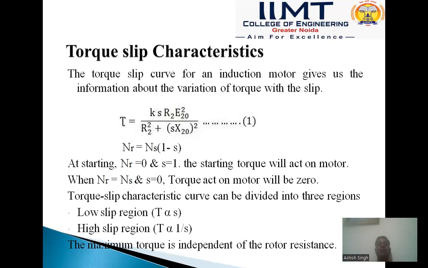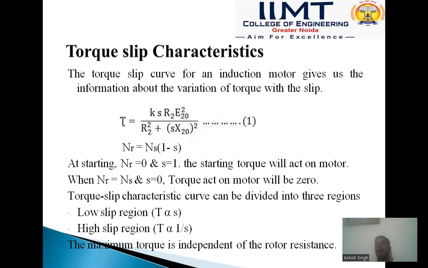In this case, we neglect s²X₂₀². So the formula for torque at low slip region will become T = k s R₂ E₂₀² / R₂². Now here we see that torque at low slip region is directly proportional to slip.